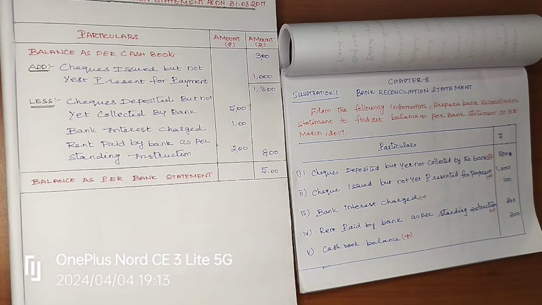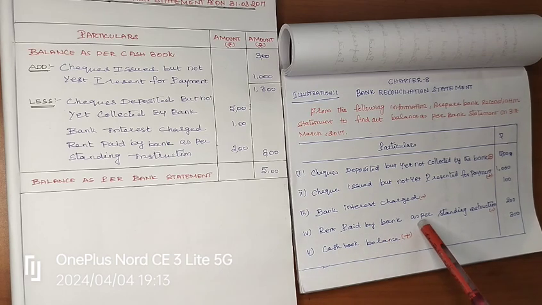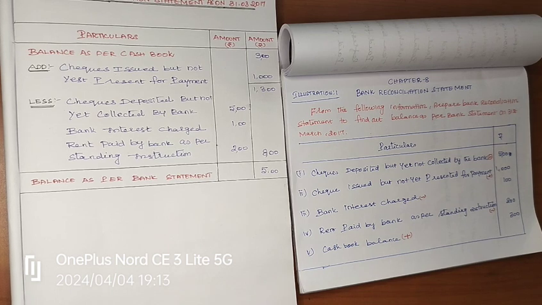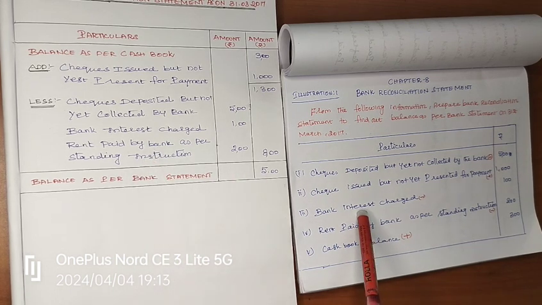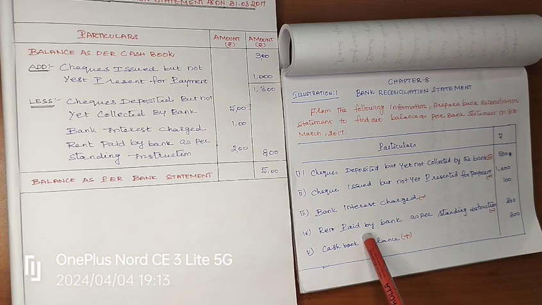Are you clear? The next transaction is rent paid by bank as per the standing instruction, 200 rupees. What is a standing instruction? Sometimes the customer instructs the bank to make payments such as insurance premium, loan installment, etc., as an agent of the customer. On behalf of its customer, whenever the payment is made, those instructions will be immediately recorded in the passbook.